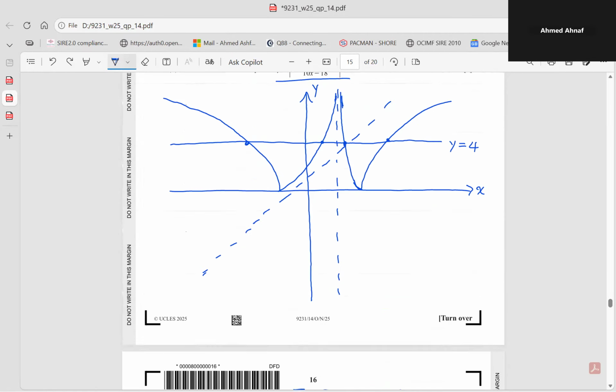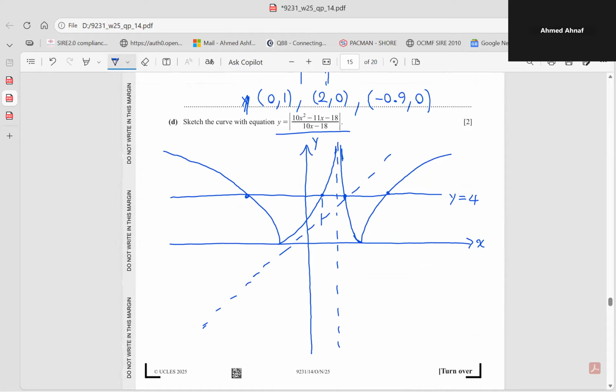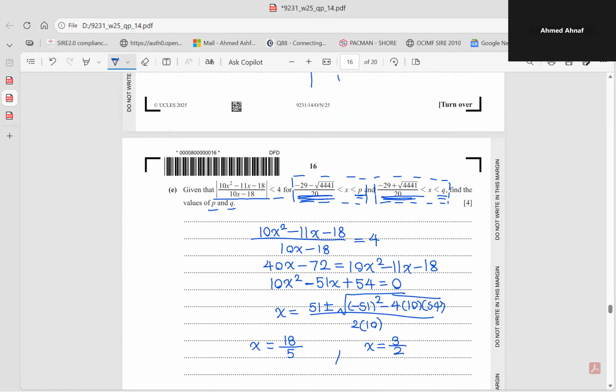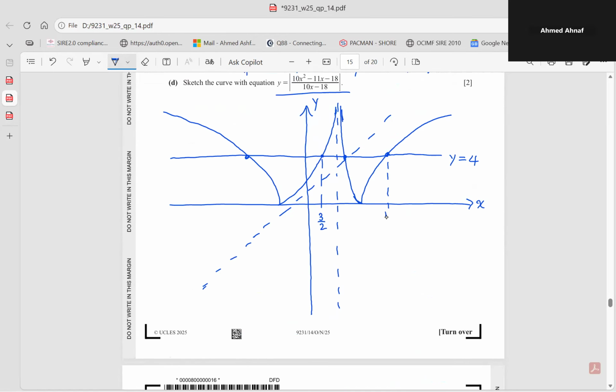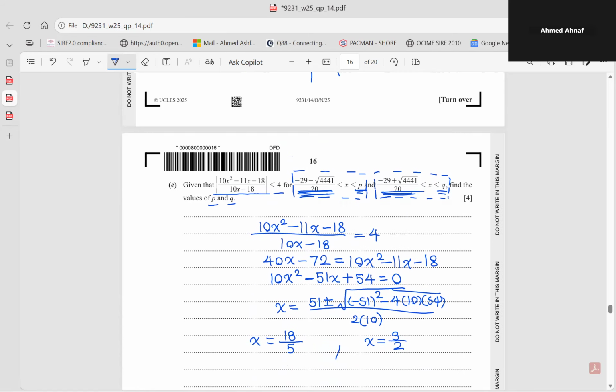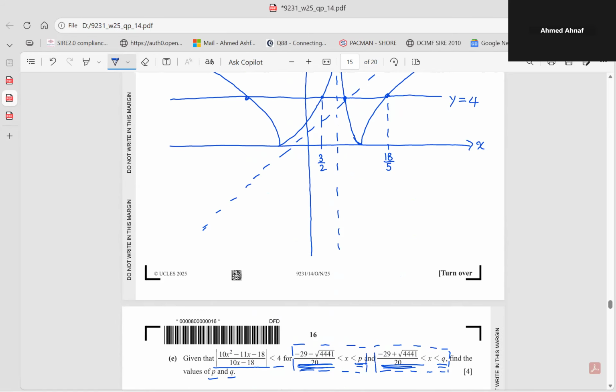So this is the 3 over 2, and this is the 18 over 5. Yeah, so this is P and Q.